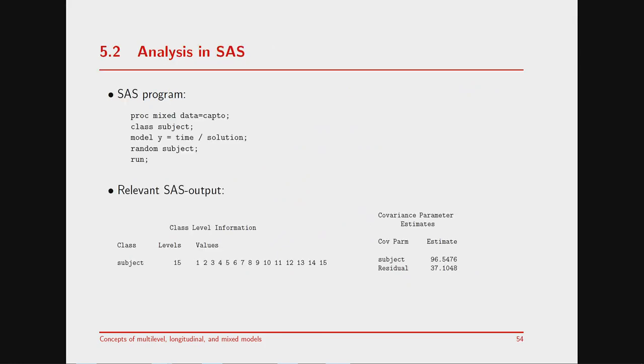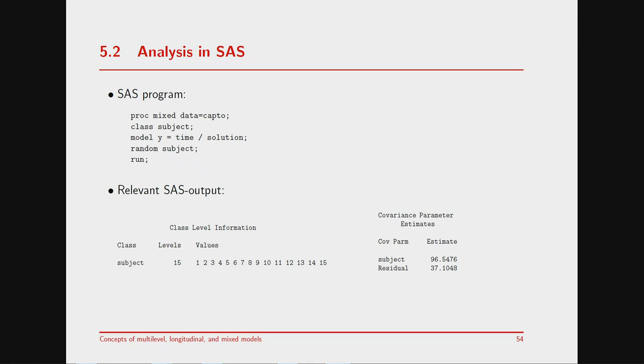If we now do that in SAS, you would have your time effect, which is 0 or 1, and the random subject effect. The time effect is a fixed effect, the subject effect is a random effect. You have the 15 subjects listed here. The variability between the subjects is 96, a huge variability, and we had seen that just by looking at that plot.